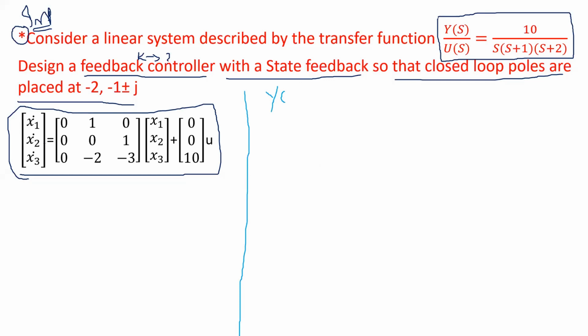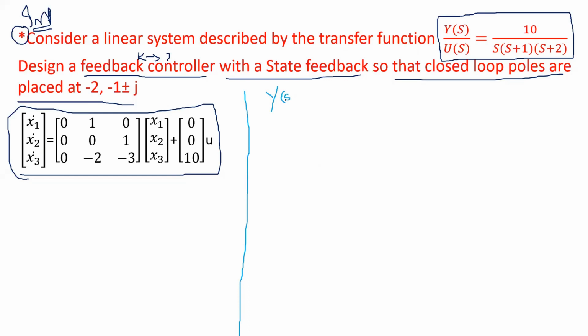At the time of the end examination, they can ask directly for a state feedback controller for the given state equation, or else for the given transfer function, we have to design the feedback controller gain constant K. They can ask any type of problem, so you have to be ready.